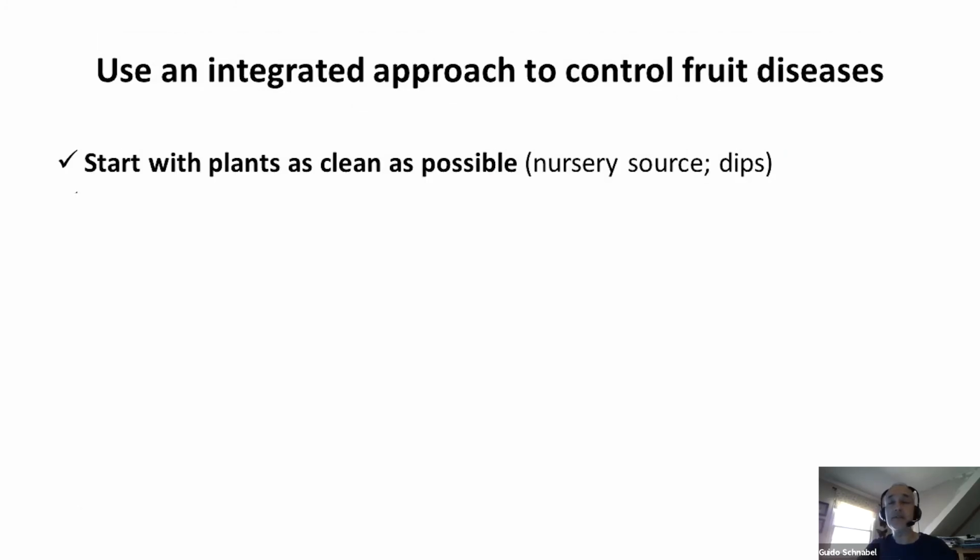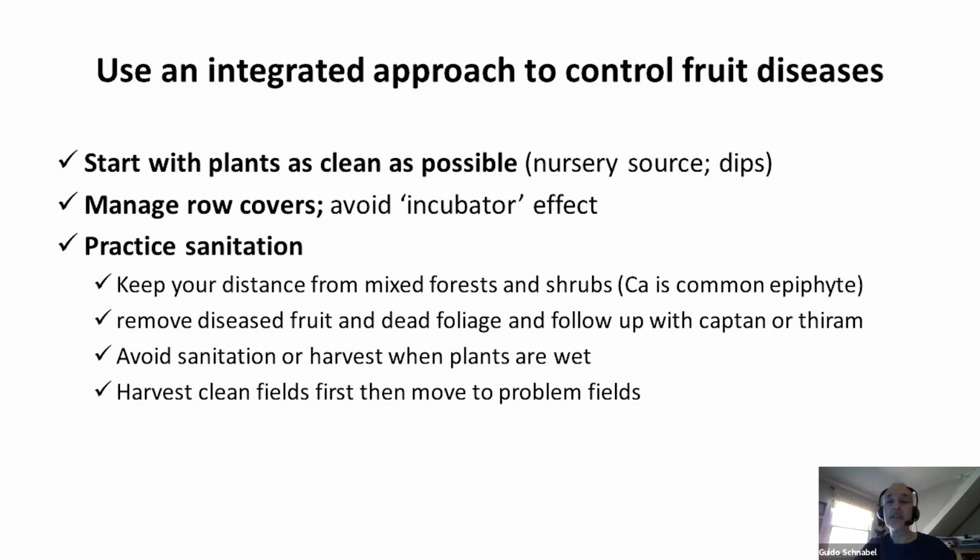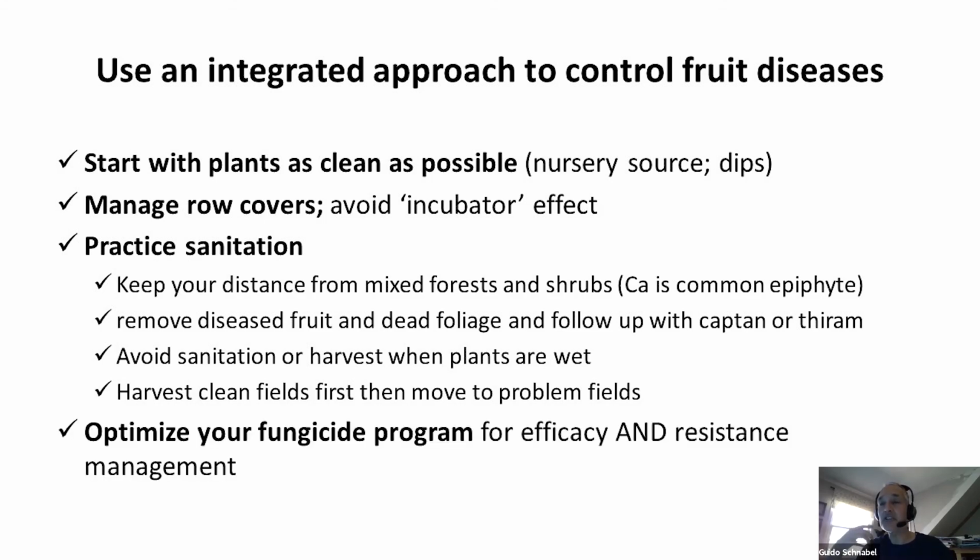And in summary, I need to emphasize that using an integrated approach to control fruit diseases is the best you can do for managing your disease pressure. Again, it starts with clean plants. Make sure you buy from a reliable nursery. I would also sanitize with those dips, manage your row covers, practice sanitation, make sure that you're spraying something that actually works, and make sure that you are implementing resistance management by rotating chemistries.